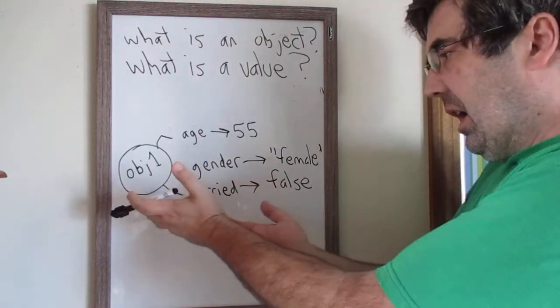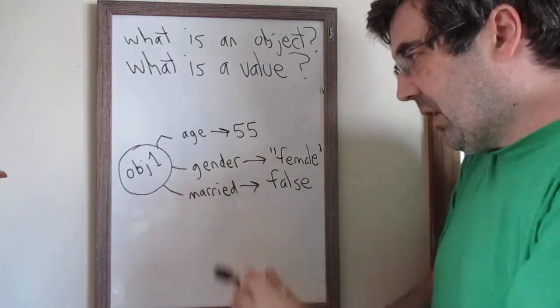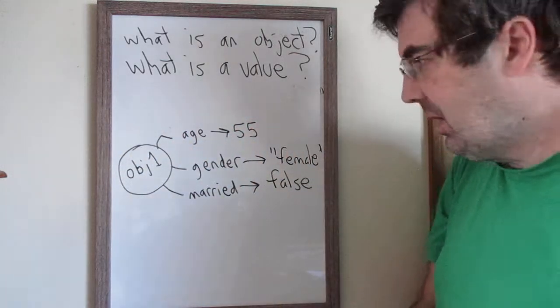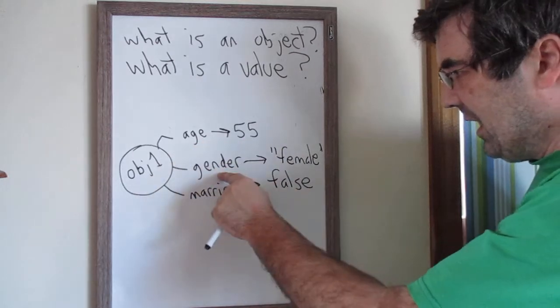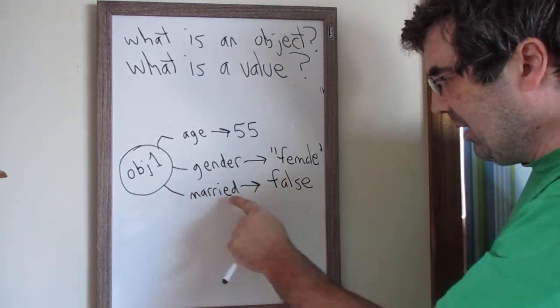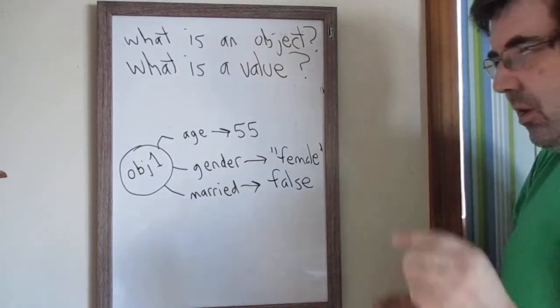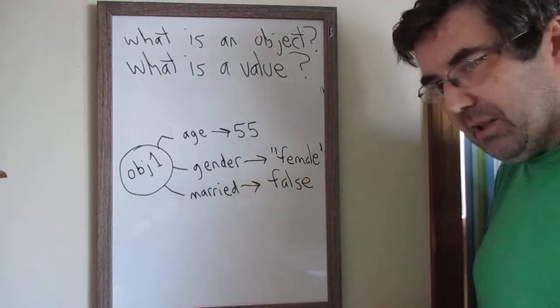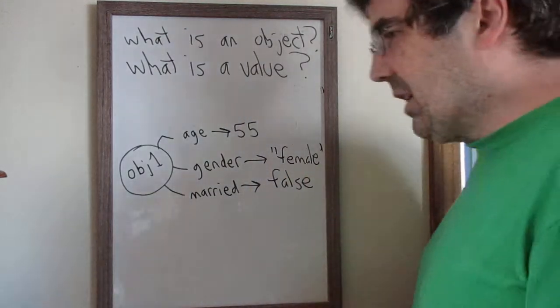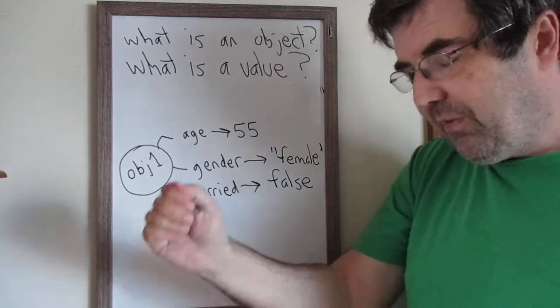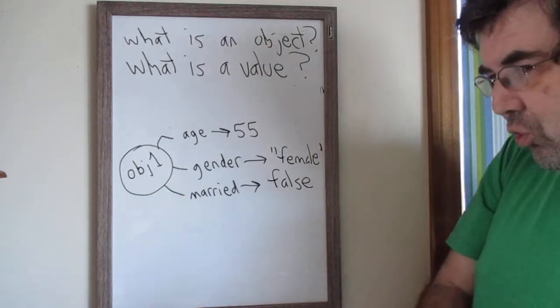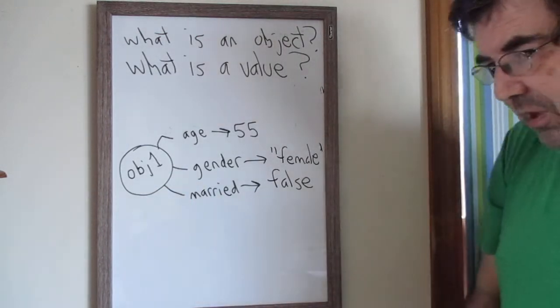So an object in JavaScript has many properties, and each property is a name and a value, a name and a value, a name and a value. You use the name to look up the value. Think of it as being like an array, but instead of using an integer to look up and find the value, you use a string to look up the value.